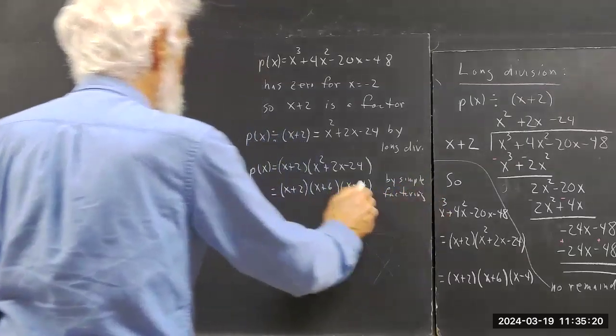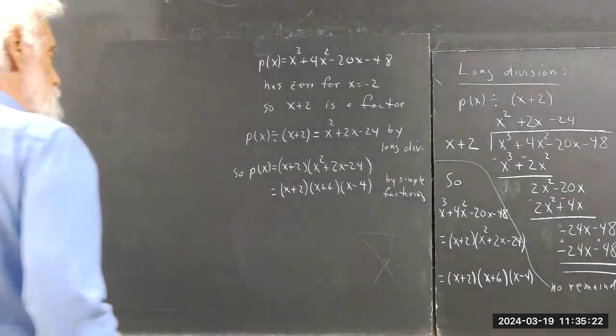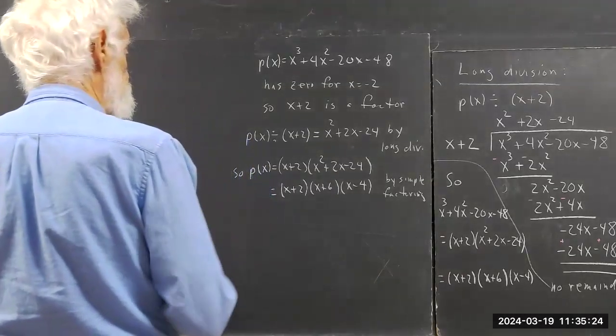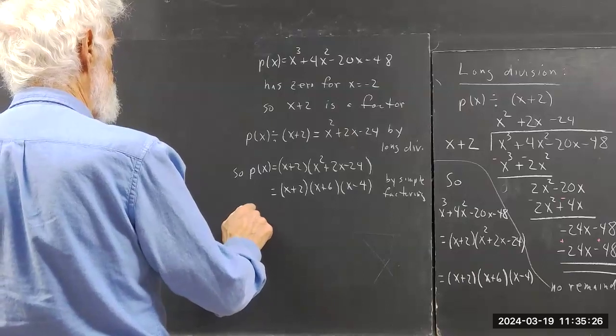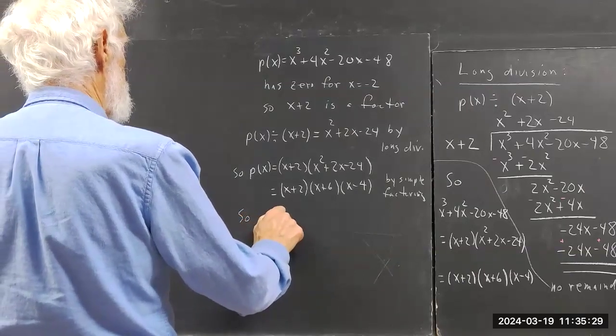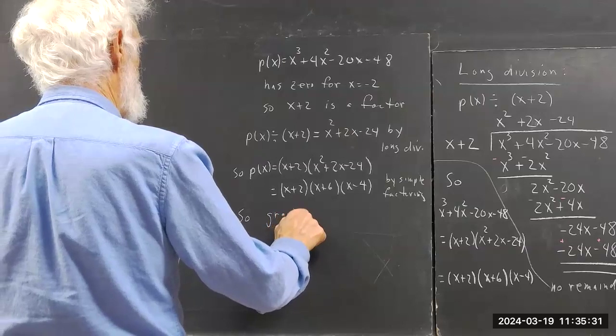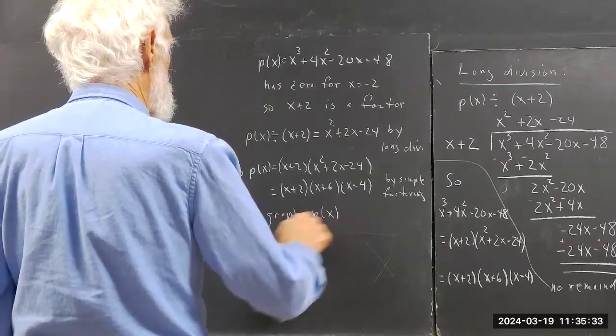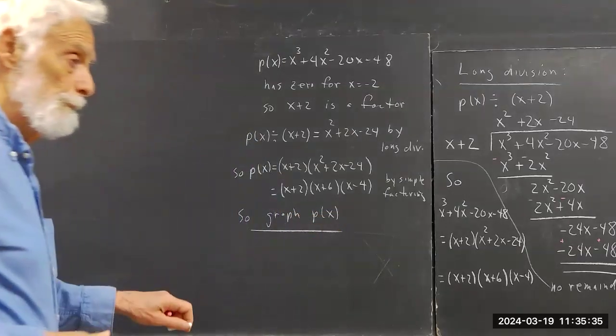And then by simple factoring, we get this. So the graph, graph Q of X.